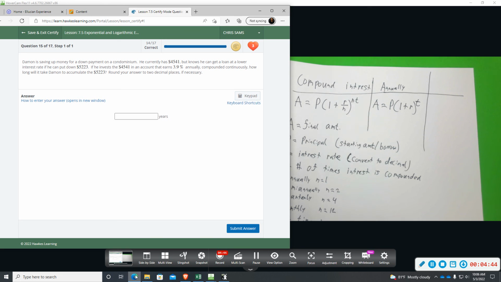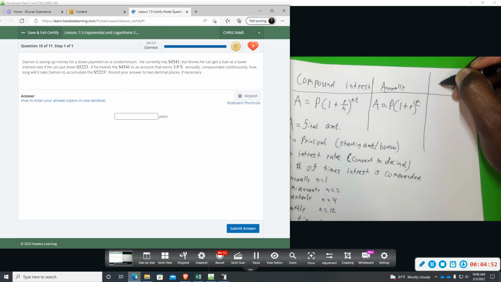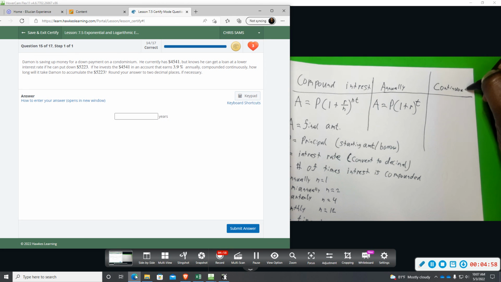But, however, this problem says continuous compound. So if you see that word continuously, that overrides all of this. Continuous compound is a different formula. It is A equals P times E raised to the RT power.